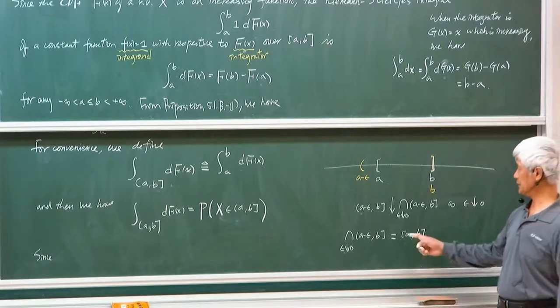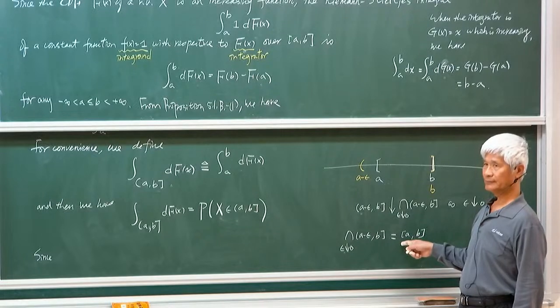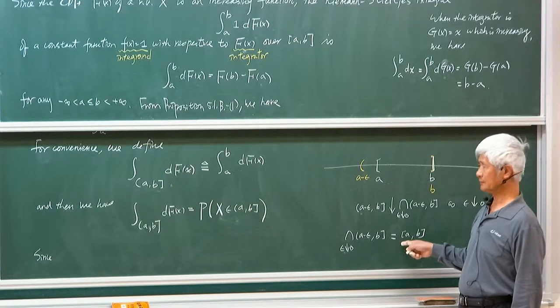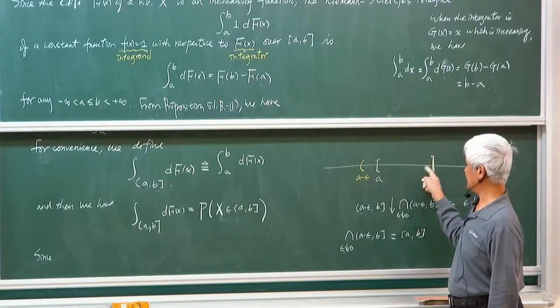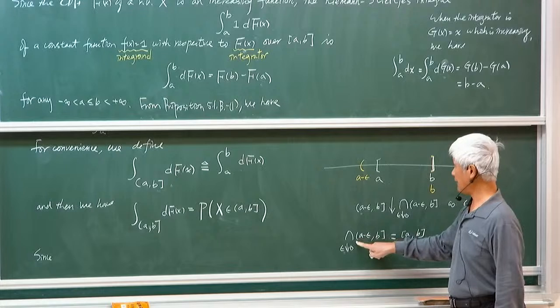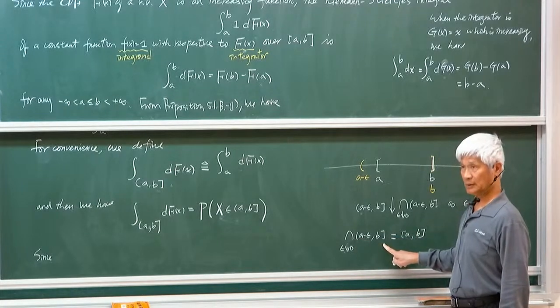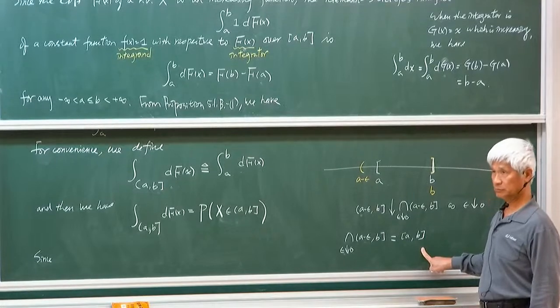Okay, any questions about this identity? Okay, so you take the intersection of all A minus epsilon to B. So this is half open, half closed. But when you take the intersection, it comes to a closed interval.